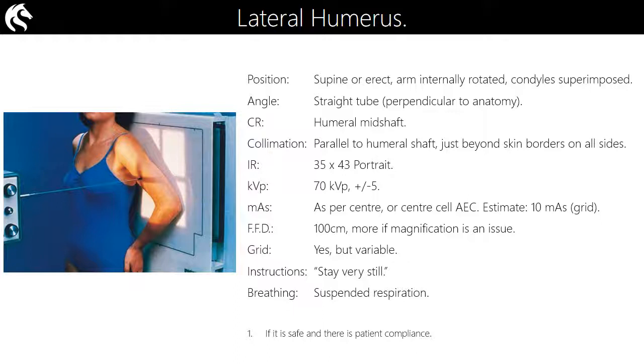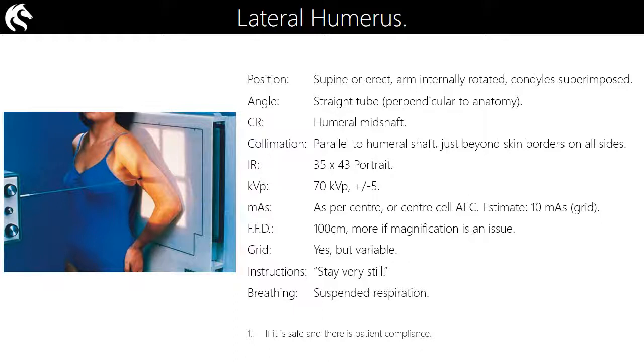Now that lateral projection can be done with the patient's back against the board. However, depending upon the patient's habitus, their posture, their compliance, it might be more comfortable to actually do these with the patient in a PA position with their chest against the board, and that can often facilitate getting the plane of that humerus even closer into the image receptor.